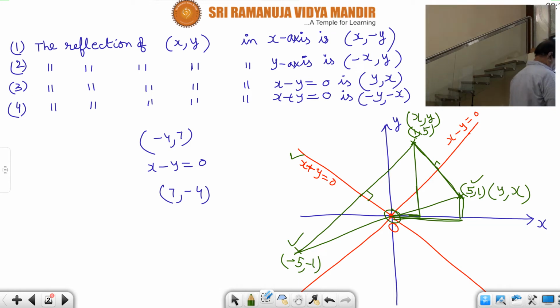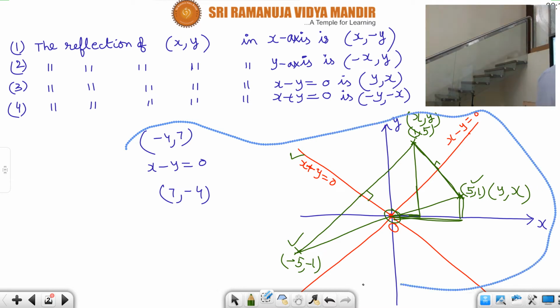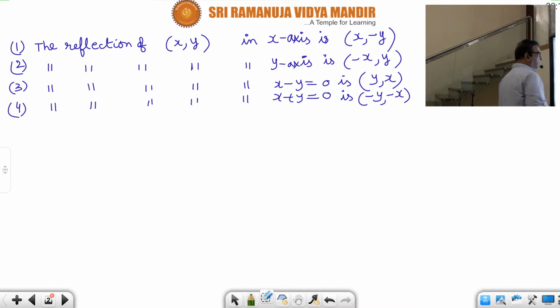Okay, that's all. Let us take some examples. Say for 1 comma 2, my mirror is x plus y is equal to 0. I want the reflection in x plus y is equal to 0.